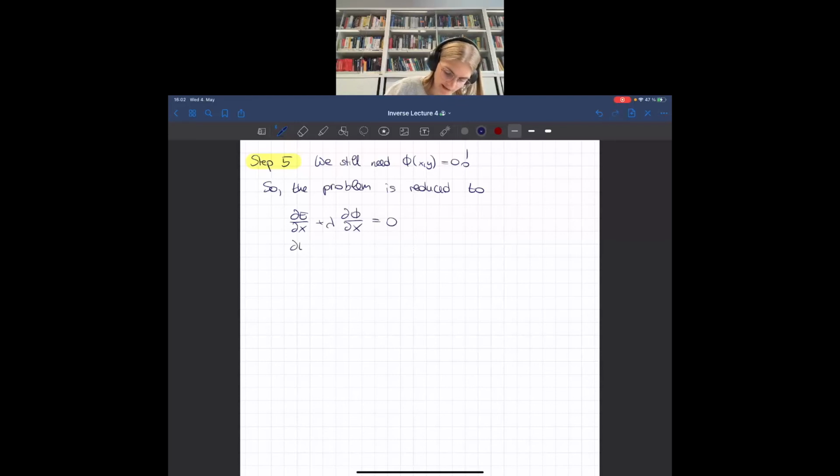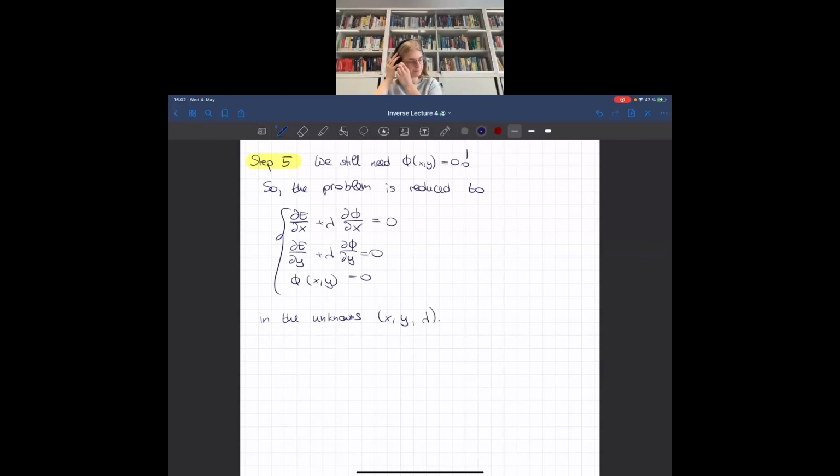Same thing with y. And finally, phi of x and y should be 0. So we have three equations here, and we have three unknowns, not two anymore. We have x and y. You already know about that. And in addition, we have lambda.